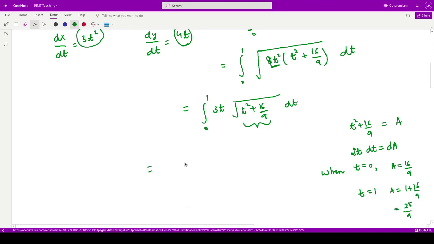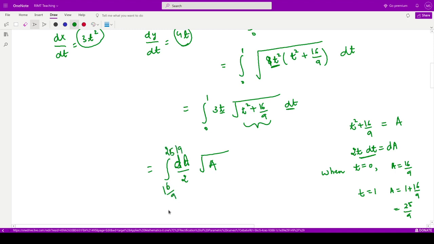So t dt becomes dA divided by 2, and the square root of t square plus 16 by 9 becomes square root a, and limits now change from 16 by 9 to 25 by 9.